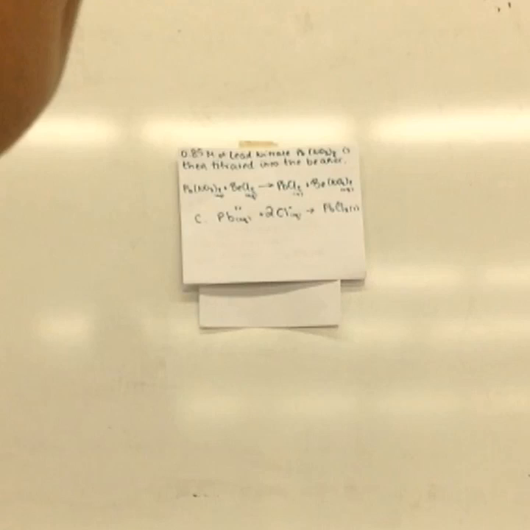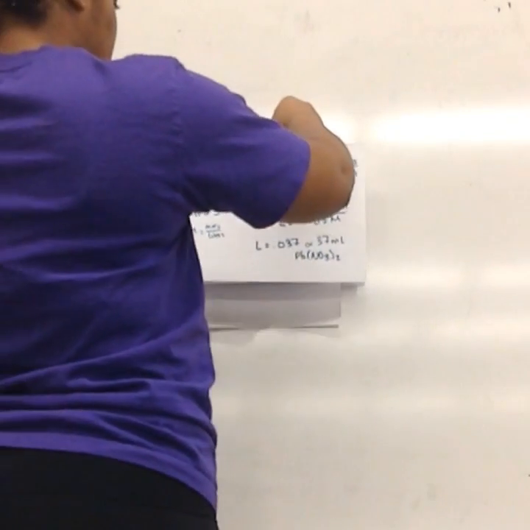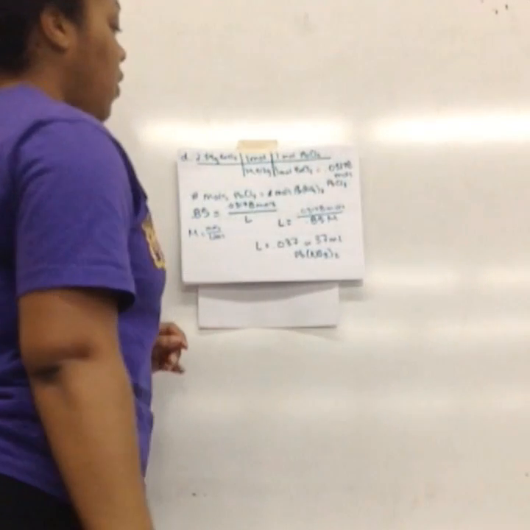Next question asks, what volume of lead nitrate must be added into the beaker to cause maximum precipitate formation? And here we're going to go back to the equation that we set up.